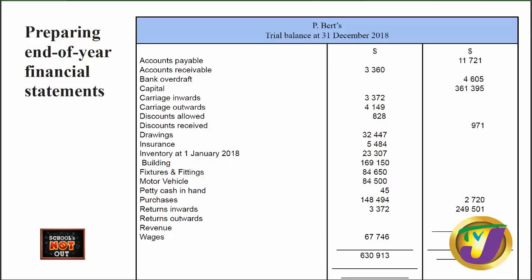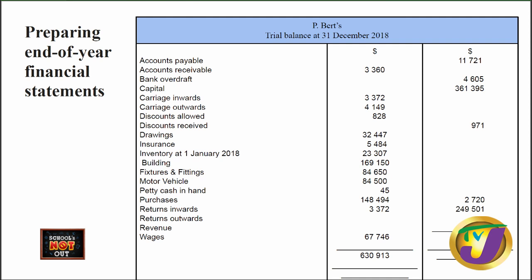All right? So what we have here is our trial balance for Bert, who is a merchandiser, and there are a number of items listed here. We're going to use these balances now to construct our financial statements.